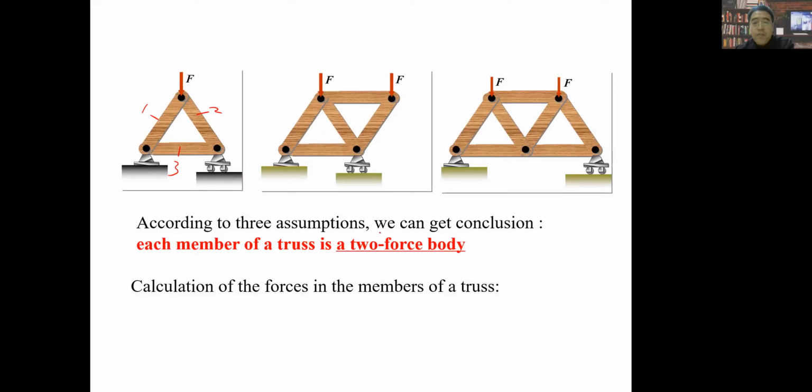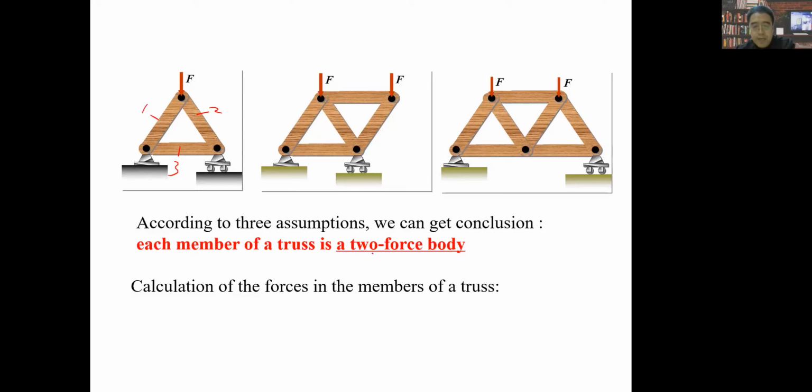If a body is a two-force body, it only has two forces acting on its 2 points, and the action lines of these two forces will be along the line which links these 2 points, right? It may be stretched by these two forces or maybe pushed by these two forces.